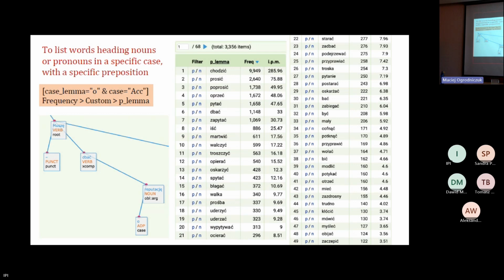So these are the words that can occur in this construction. But I'm always asking about the dependent.